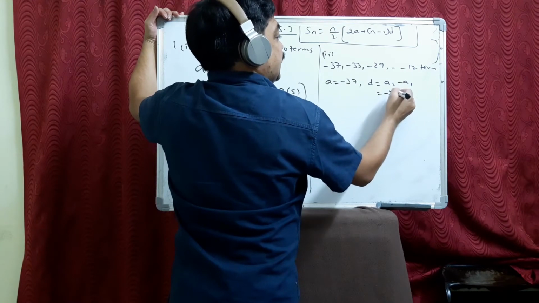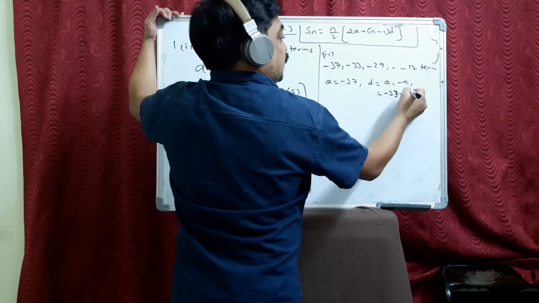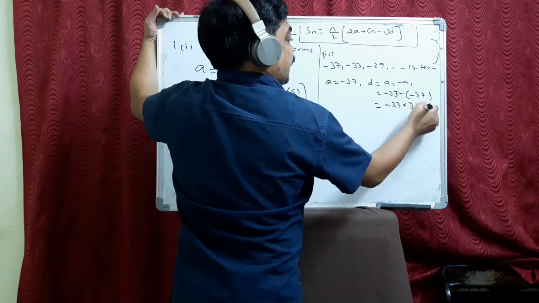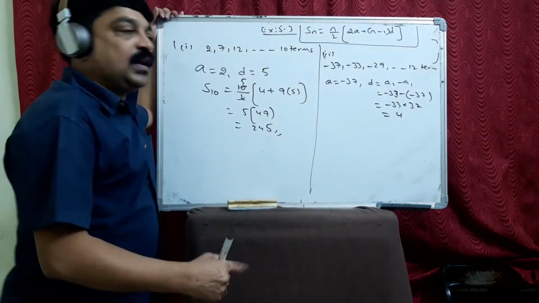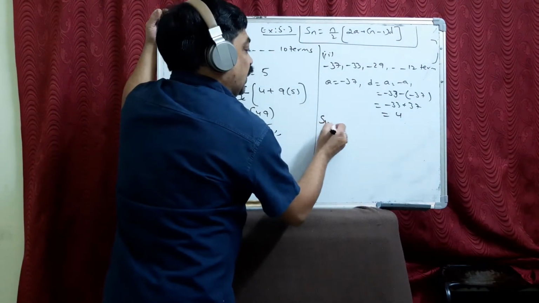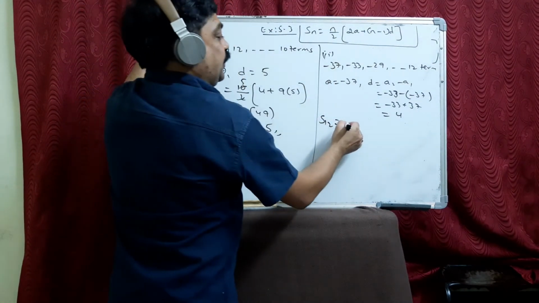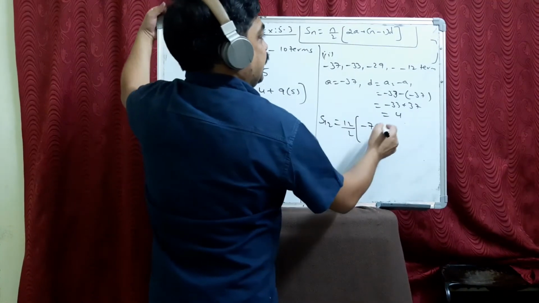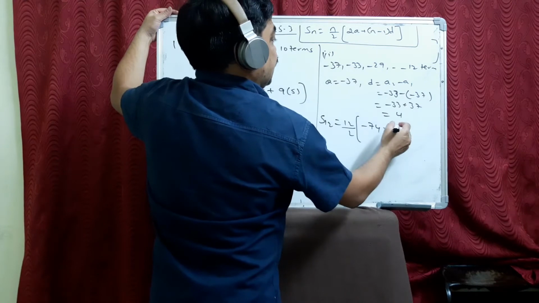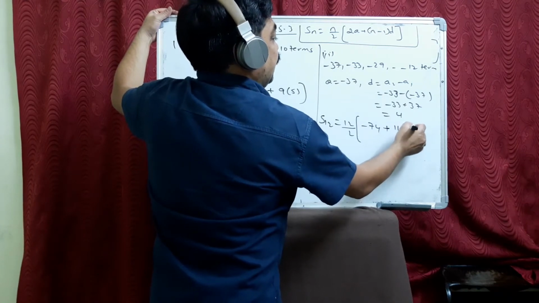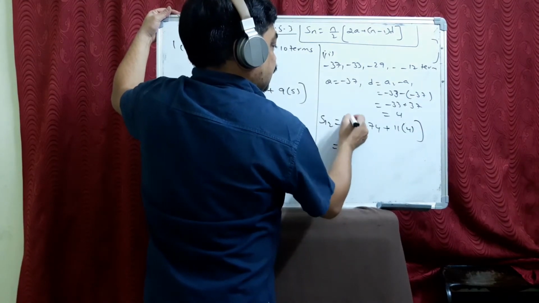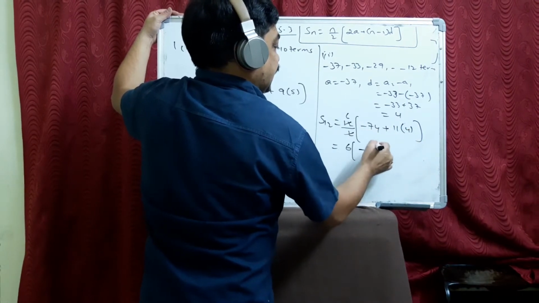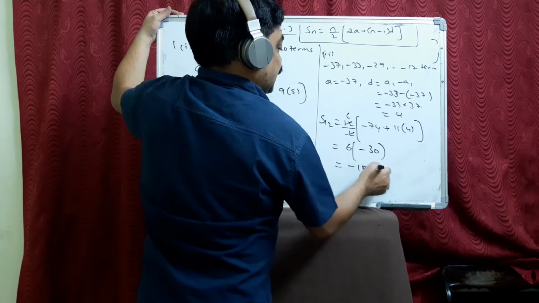Because these have minus signs, be a little careful: minus 33 plus 37, it becomes 4. Now you are asked to find S12. Let us apply the formula: 12 by 2, 2a, 2 into minus 37 is minus 74, plus 12 minus 1, 11 into d, 44. It becomes 6 into minus 74 plus 44, minus 30. The answer is minus 180.